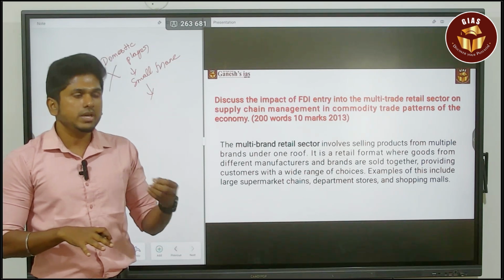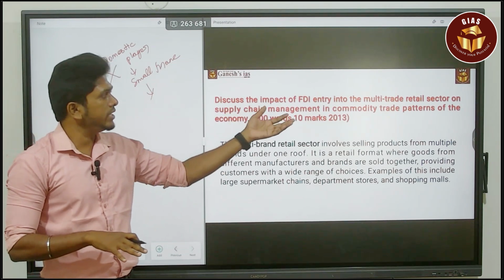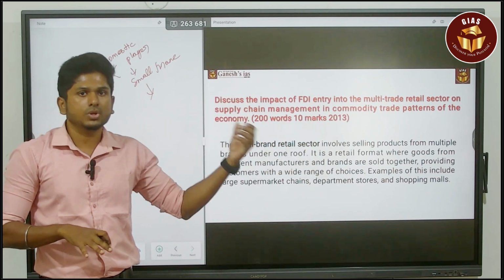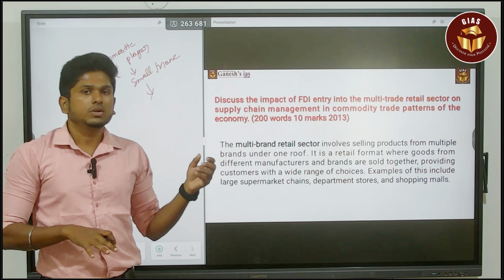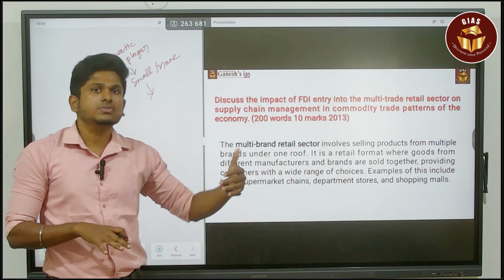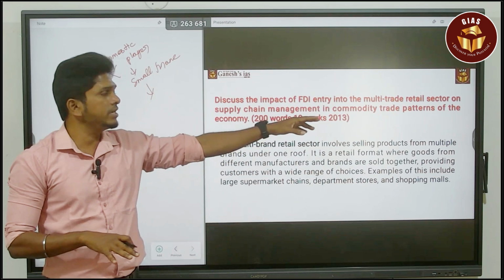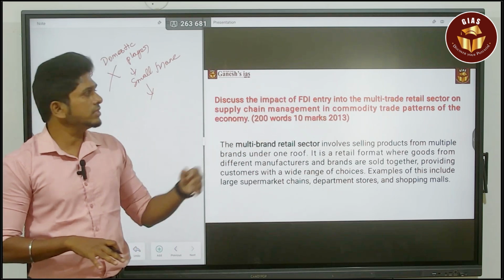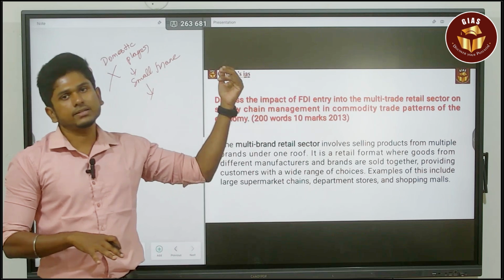So these are the major issues when it comes to FDI entry into the multi-brand retail sector. And obviously there will be no retail shops. There won't be any retail shops available near your streets. That is also going to happen due to this FDI entry. So these are the negatives of FDI into the multi-brand retail sectors.